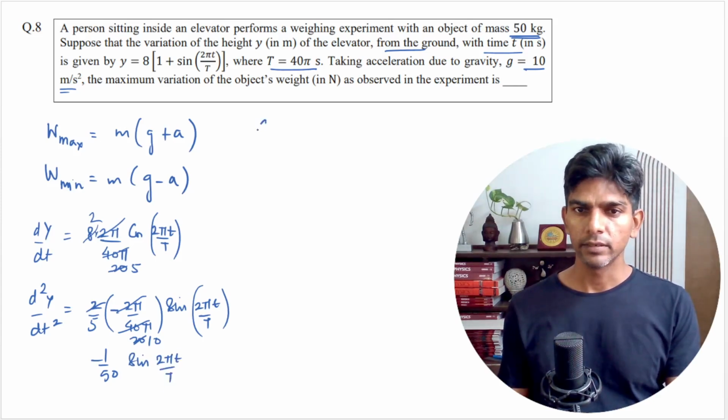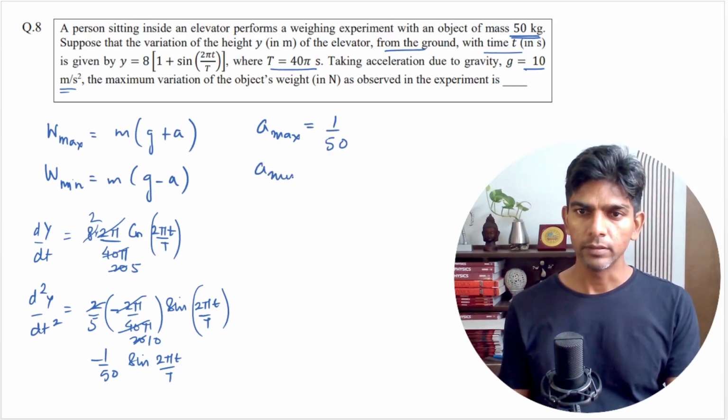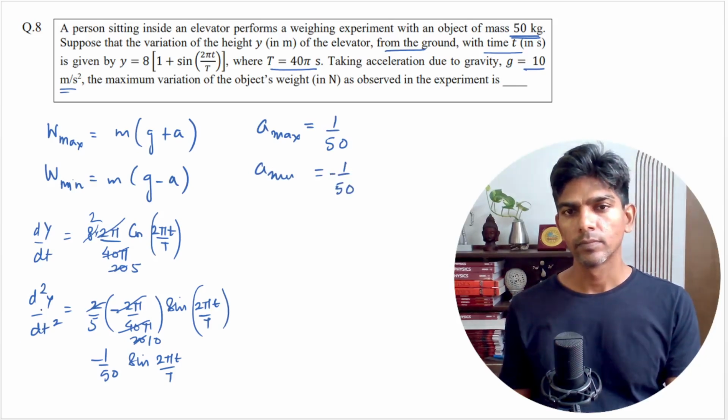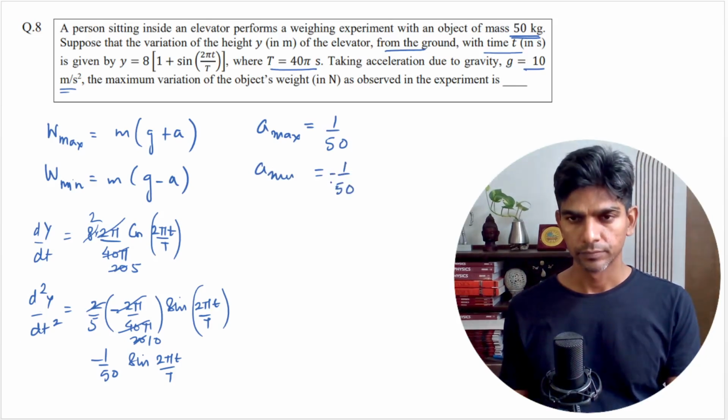So we can say A max will be 1 by 50 and A min will be minus 1 by 50, right?